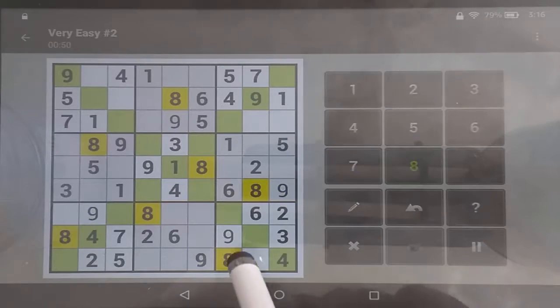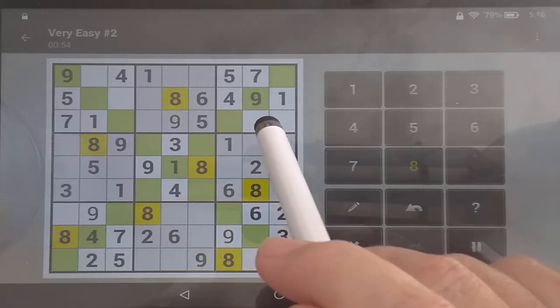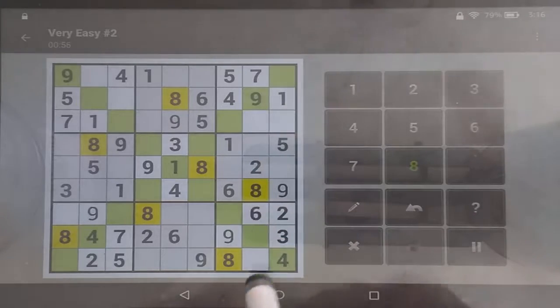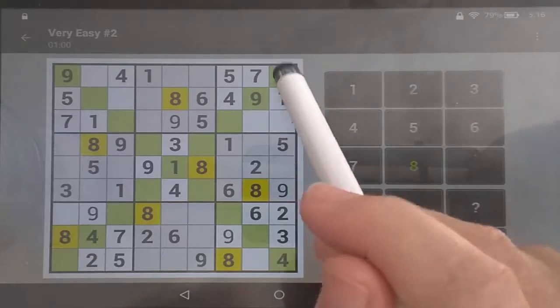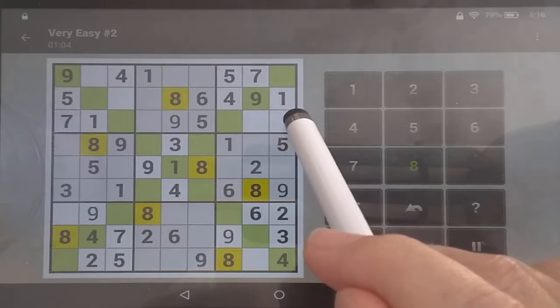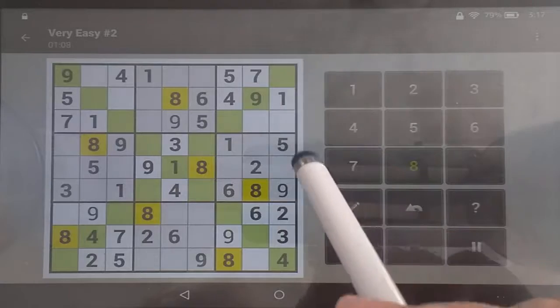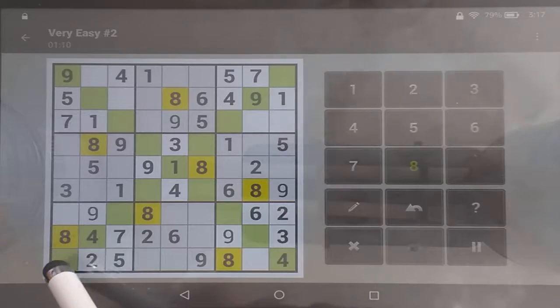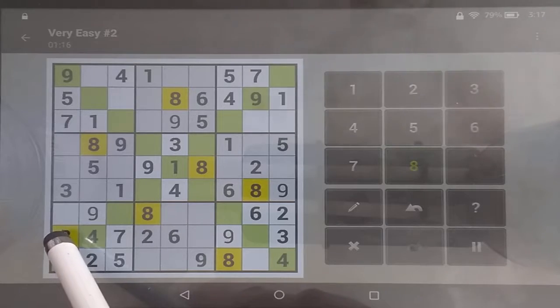to the 8s. These 2 columns already have 8s. Now, here's where you can use the X, because I do know that the 8 has to be in one of these 2, and I don't know which yet. Now, there's a number of ways I could go to solve it, but this is how you might use the X. I know that these 2 on this leg cannot be 8s because this square already has an 8.